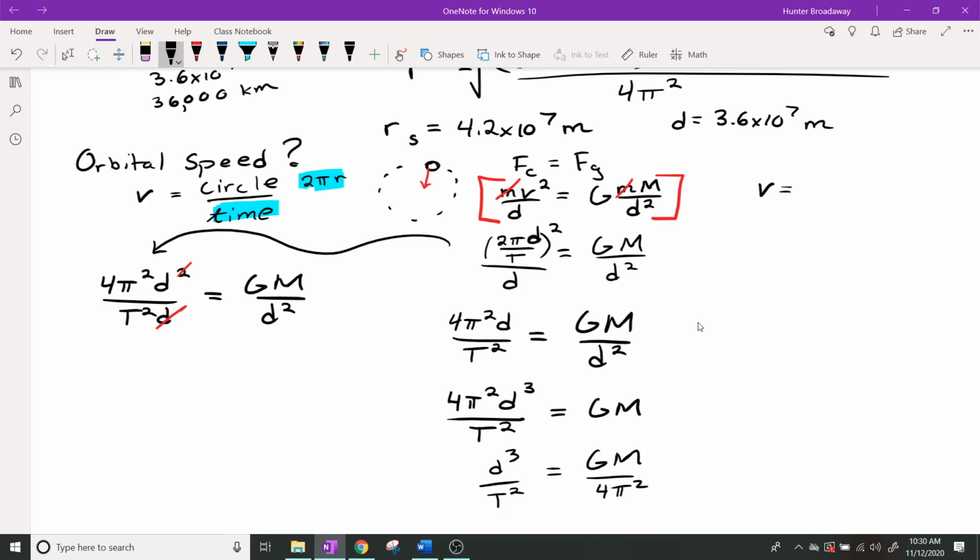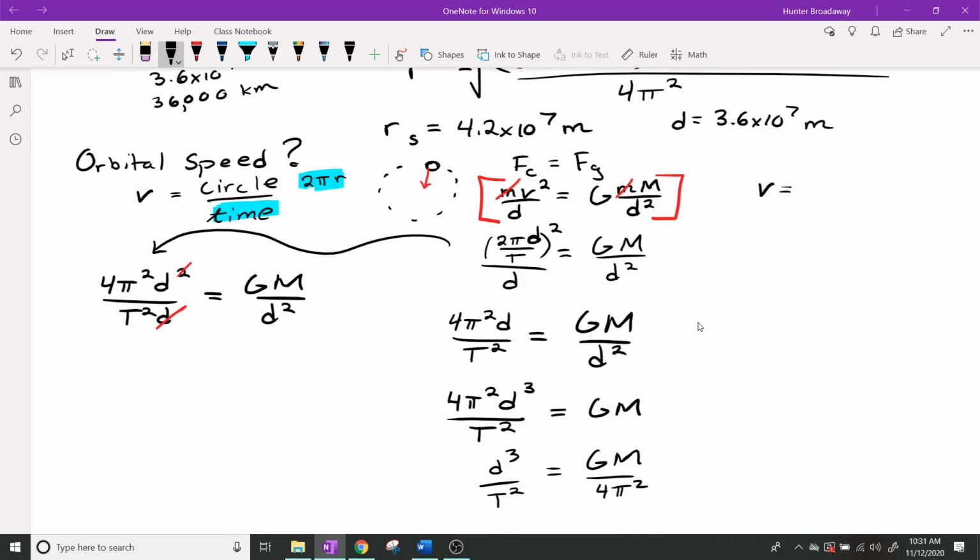We are using the radius of the satellite, right? 4.2 times 10 to the seventh. Yeah, 2 pi times the radius of the satellite. 3054.32. That is a lot closer. That is within the realms of a correct answer. 3,000 is roughly what we're looking for.